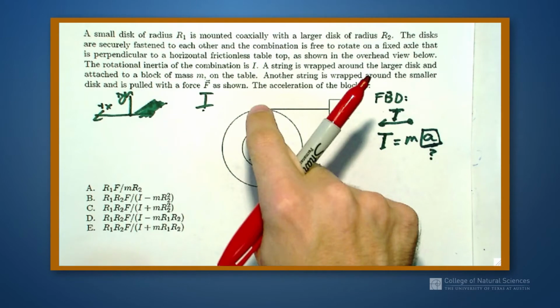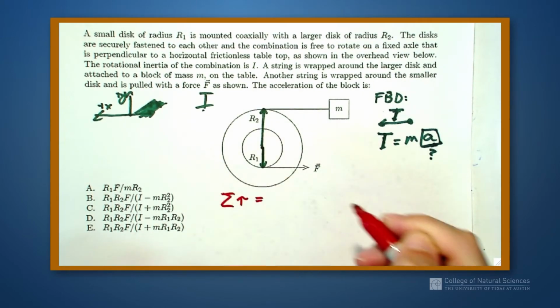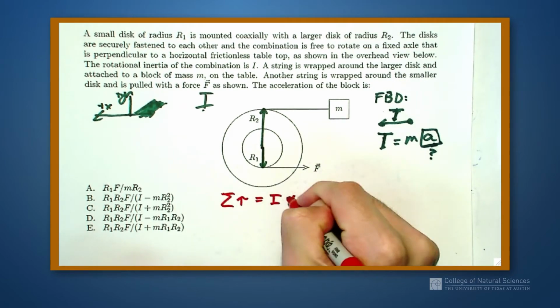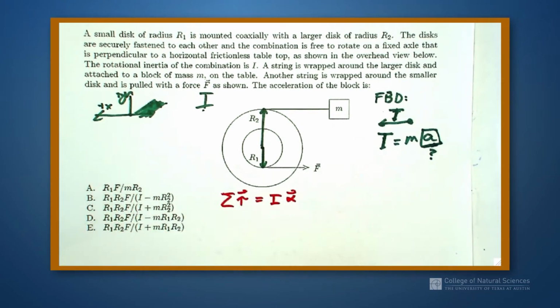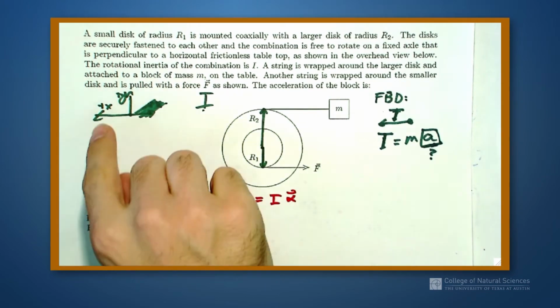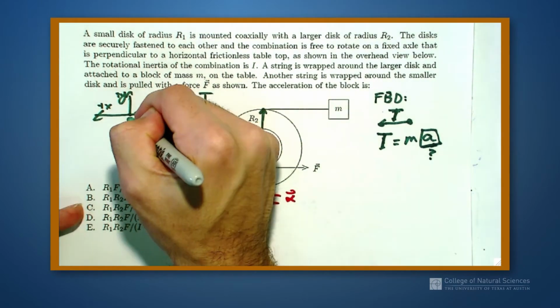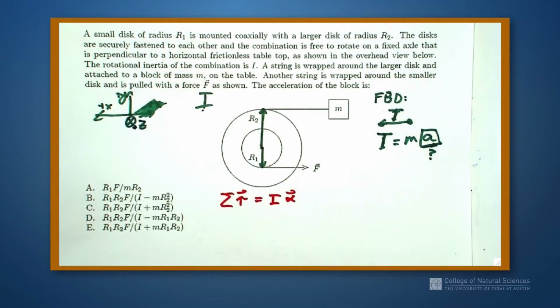However, we do have a rotational case. The net torque is going to be equal to I times alpha. I'm going to be careful with my signs. So if I have x pointing to the left, y pointing up, I'm going to keep a right-handed coordinate system and say that positive z is into the page.